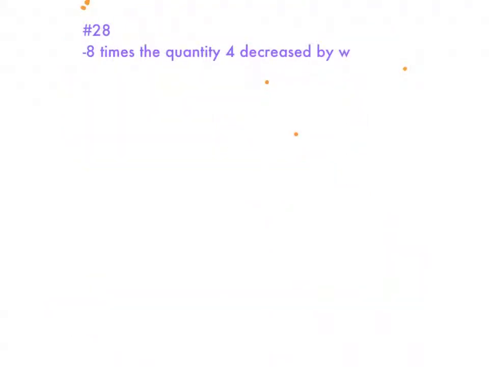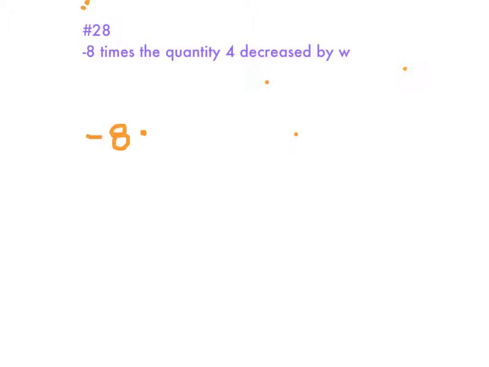All right, so this is number 28, and it's negative 8 times the quantity 4 decreased by W. So the first thing I'm going to do is come over here, and I'm going to write this as negative 8 times, so let's go ahead and put a little dot.